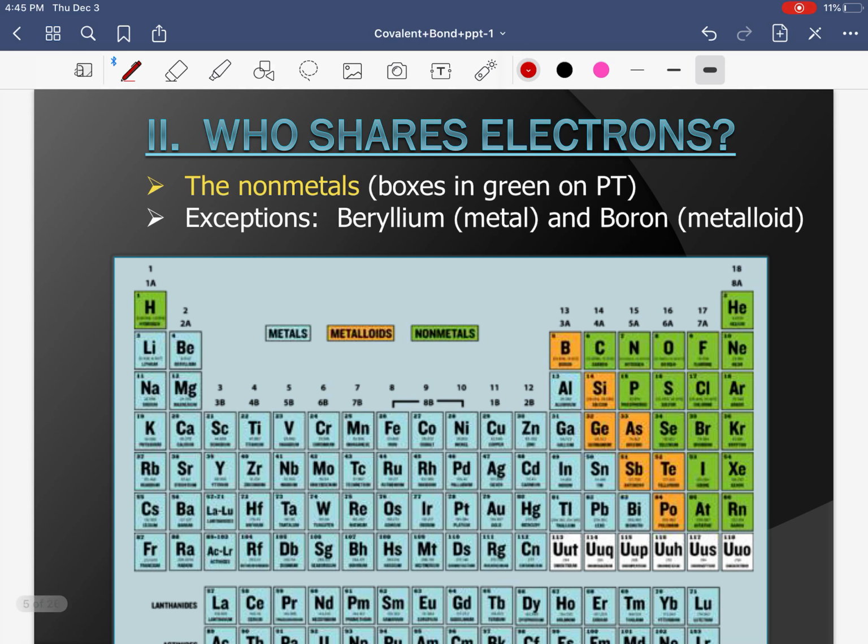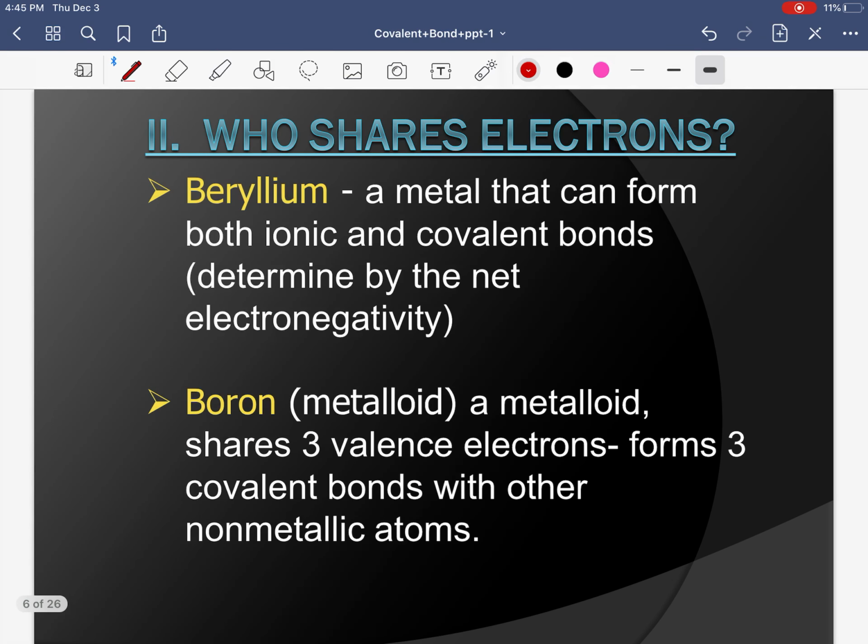This is going to happen between mainly nonmetals, so it's going to be anything that's in green. So all of these in this little corner, hydrogen's included, and with the exception of beryllium and boron. Beryllium's a metal and boron's a metalloid, and they are both going to do covalent bonding.